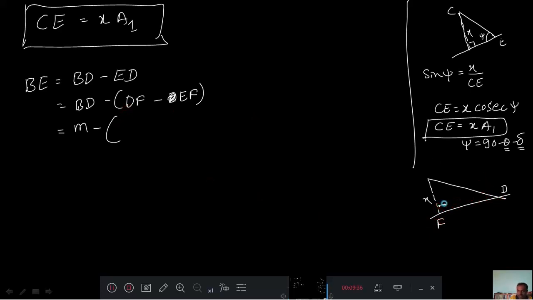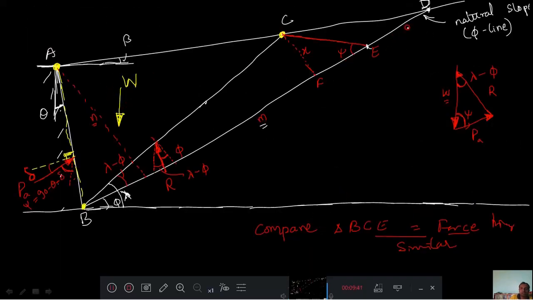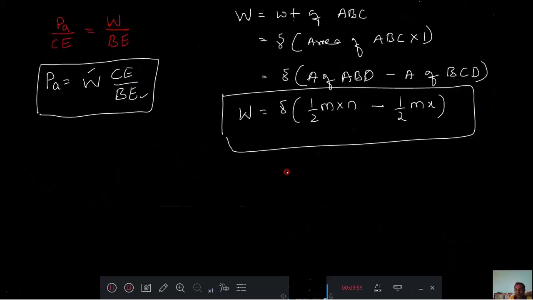This angle is 90 degrees, and this angle is phi minus beta. How is the phi minus beta angle obtained? You need to work it out. Here phi is there, here beta is there. This is the wall, this is your phi angle and this is the beta angle. If I extend this beta angle, then this is 180 minus phi.